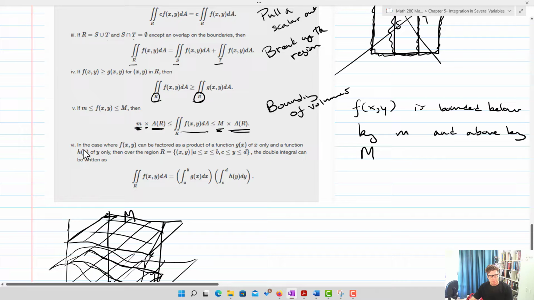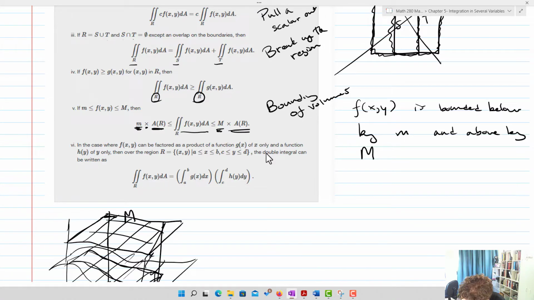And finally, number 6, in the case where f of xy can be factored as a product of a function g of x only and a function h of y only. So, for example, if we have f of xy equals x squared y cubed, then this is equal to x squared times y cubed.